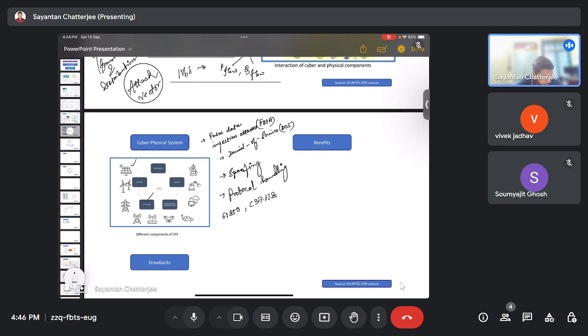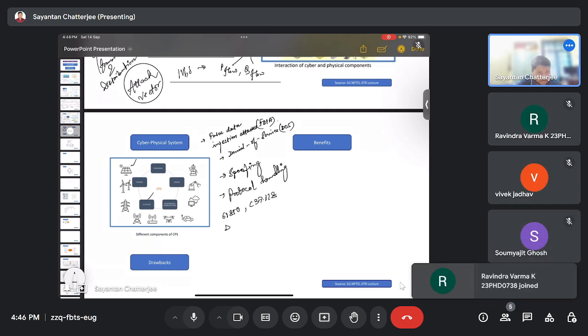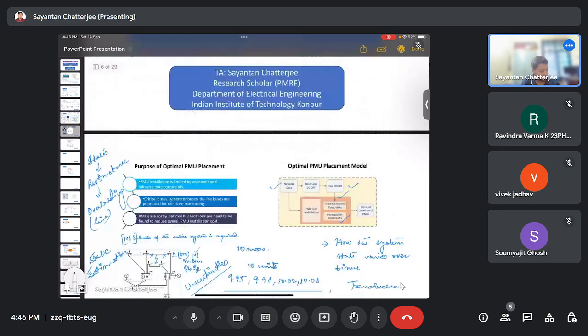Let's also consider smart meter, we have DRMS. And all these things, we have many various protocols, and some attacker might attack these nodes, these points also.